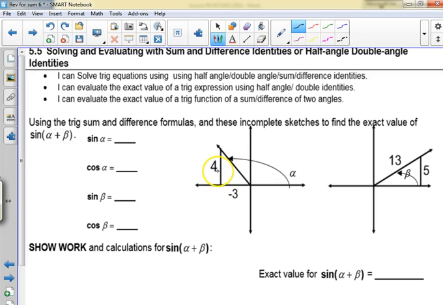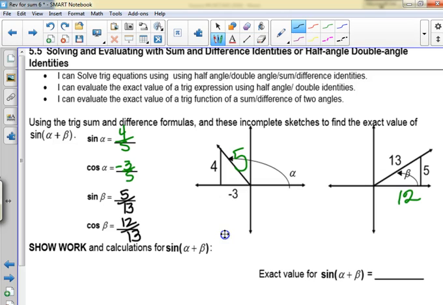Help me finish this triangle really fast because we still have all the review stuff to go over. This is 5, this is 12, and it doesn't need to be negative, right? Because we're going to the right. Okay, on this one, the sine is 4/5 and the cosine is negative 3/5. On this one over here, the sine is 5/13 and the cosine is, okay.